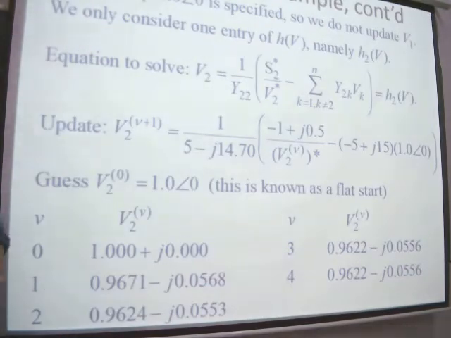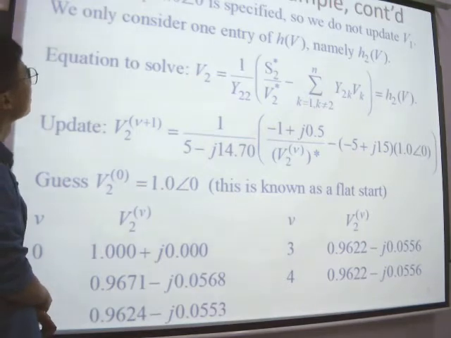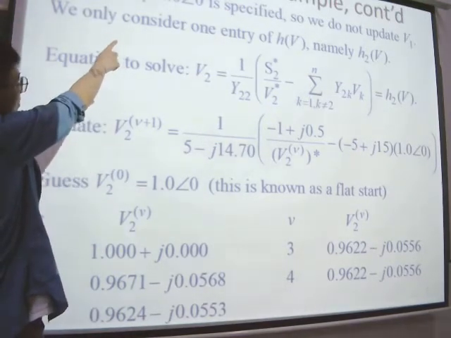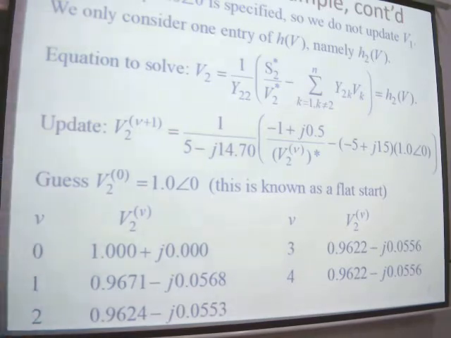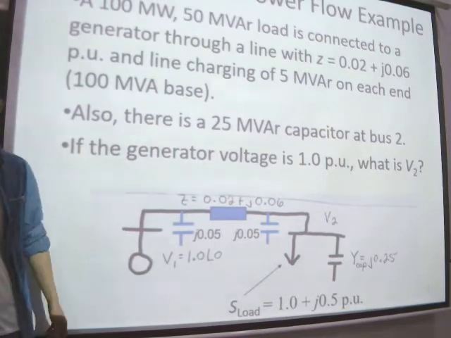Next, what we need is an initial value. So we assume that this 1 volt is the initial value, the voltage of the generator.